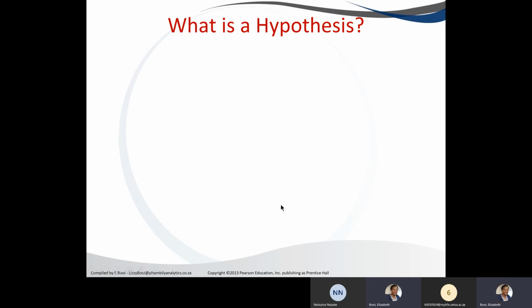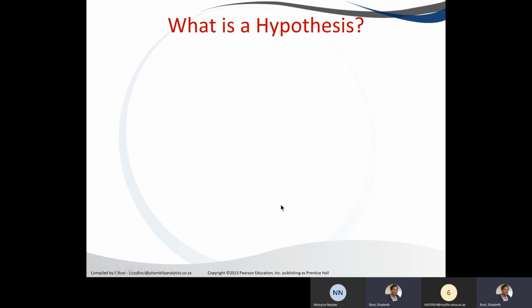So what is hypothesis testing? Hypothesis testing is when a researcher wants to prove that something they are saying is right or wrong. For example, if I want to prove that people like the ANC, if I haven't run research on that and proven that people did say they like the ANC, I cannot make that assertion.